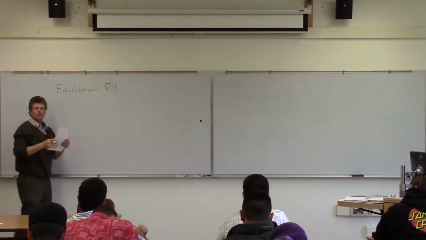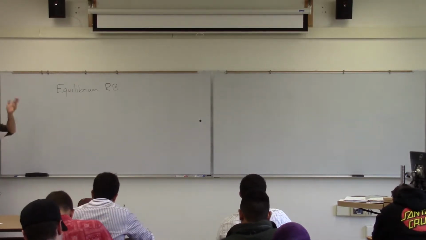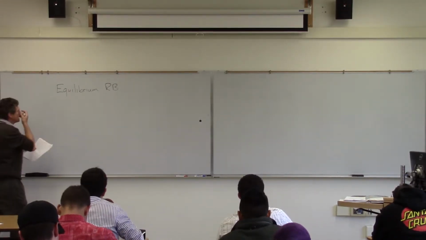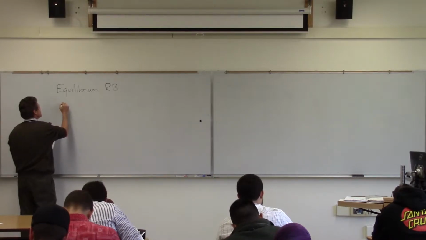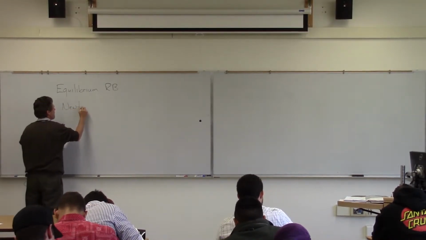So, equilibrium of rigid bodies now. Rigid bodies, again, we talked about are just a combination of particles. And there are a couple of things we're going to take advantage of that we talked about in the first couple of lectures.